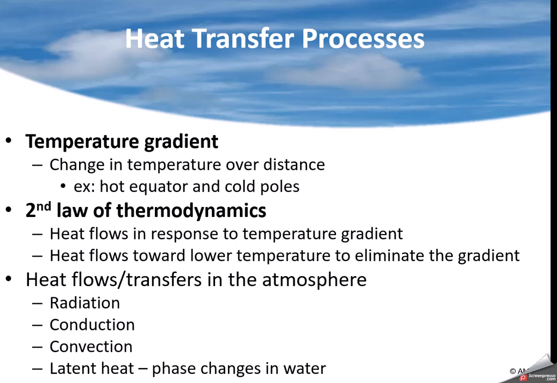And there are a lot of ways that heat can flow in the atmosphere. We talk about radiation. We talked about that all last week. Conduction. Think about this one. If you were to put your hand on a hot pavement in the summertime, your hand would kind of burn, wouldn't it? Well, what happened was the hot pavement transferred heat through conduction into your hand. That's all that is. Happens with pots and pans when you're cooking.